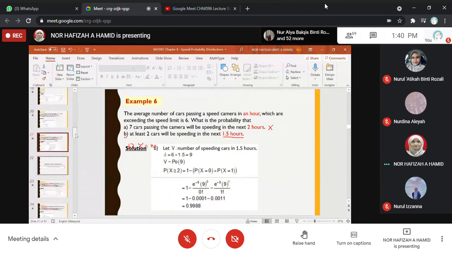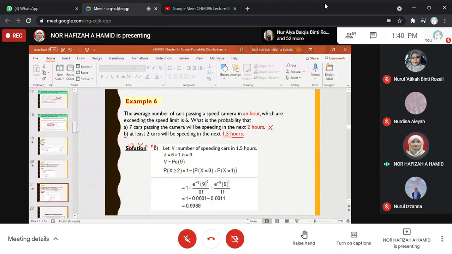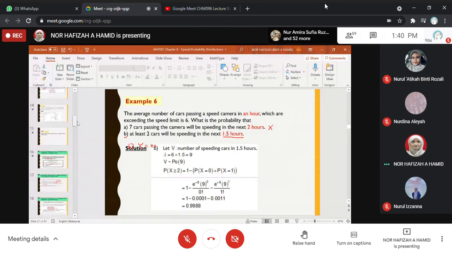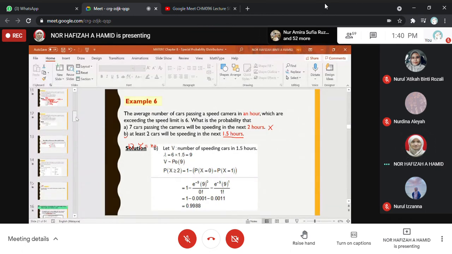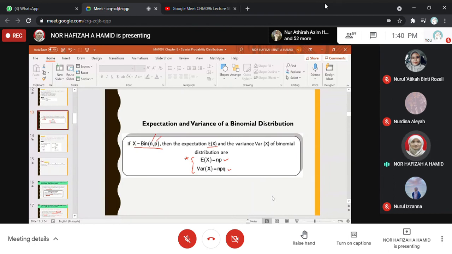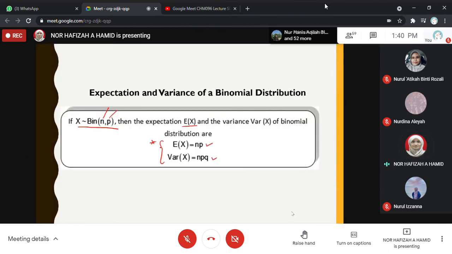Okay, so expected value. Okay, so yang ni, expectation and variance of a binomial distribution. Okay. So for binomial distribution, expectation ni you punya mean lah, mean and variance of a binomial distribution.